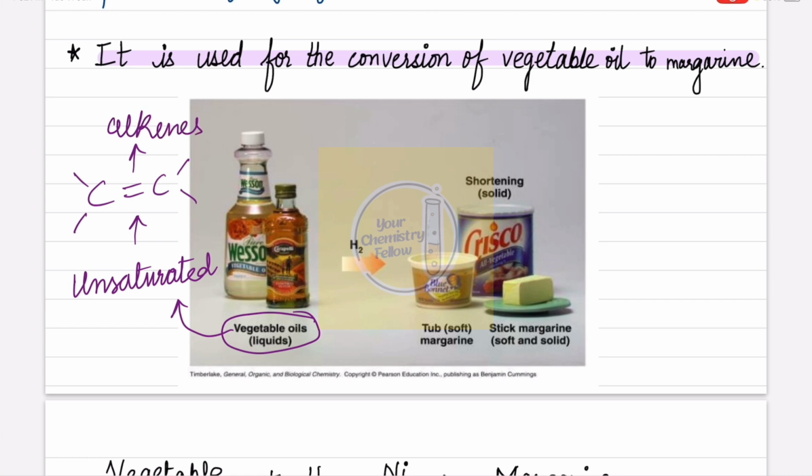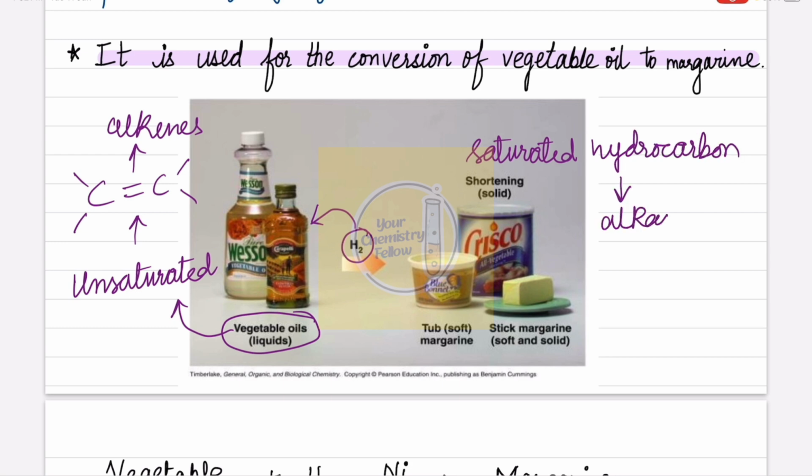So, when the vegetable oils are hydrogenated, hydrogen is added in them, they are converted into saturated hydrocarbons, which are known as alkanes. So, in industries, vegetable oils undergo hydrogenation in the presence of nickel as a catalyst at 200 degrees Celsius temperature. They are converted into saturated hydrocarbon alkanes, which are the hydrogenated ones, and they are solid in nature.